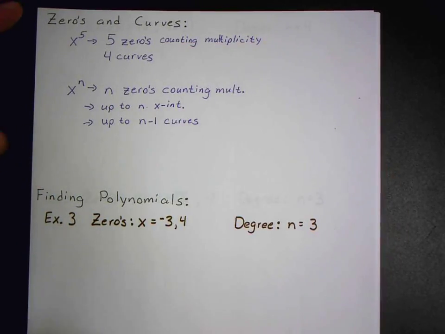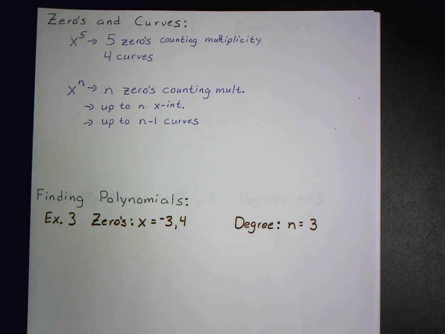Now your number of curves can be up to 1 less curve. You always, well, I don't want to say that. You don't always have to have 1 curve because a line doesn't have a curve. But 1 less curve for a line would be 0, so a line is kind of a special case.